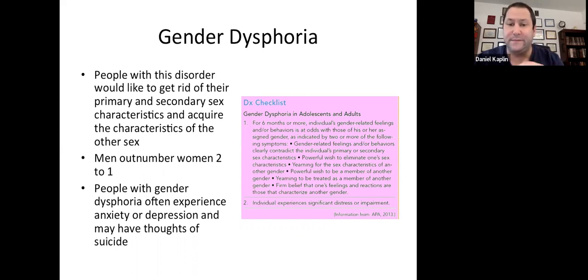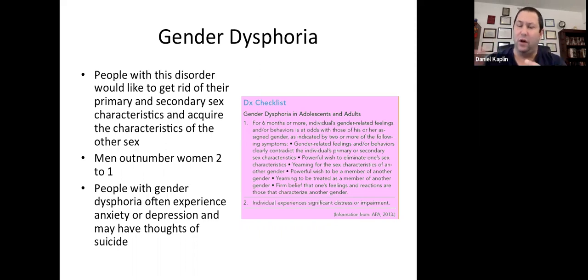And it manifests in 2 or more of the following features: feelings or behaviors that contradict their primary and secondary sex characteristics, a powerful desire to eliminate one's sex characteristics, people who look at their genitalia and loathe it, a powerful wish to be a member of the opposite gender, yearning to be treated as a member of another gender, a firm belief that one's feelings and reactions are those that characterize another gender.